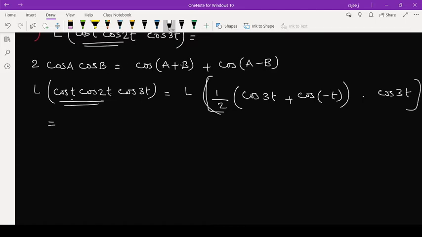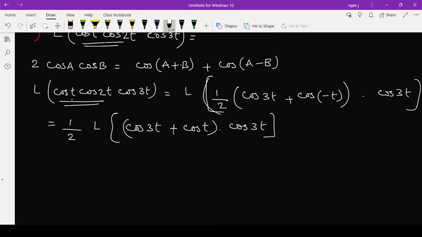That is equal to, now 1 by 2 is a constant, so I am taking it outside. 1 by 2 into L of, now this is cos 3t. Now cos of minus theta is cos theta, so cos of positive t comes, and then into cos 3t.